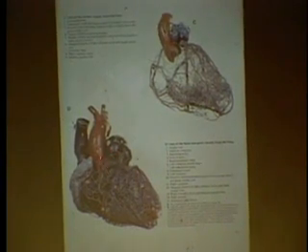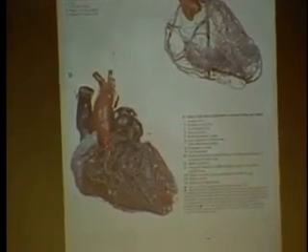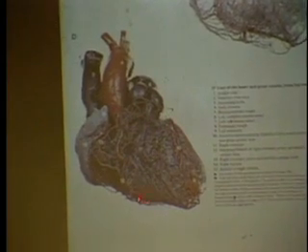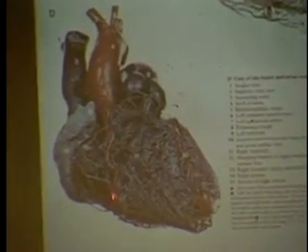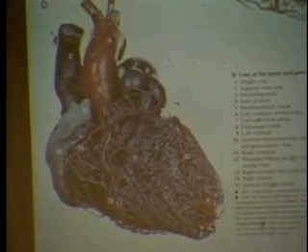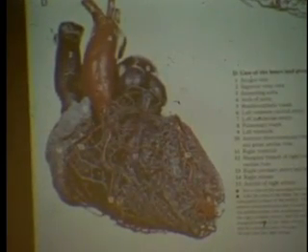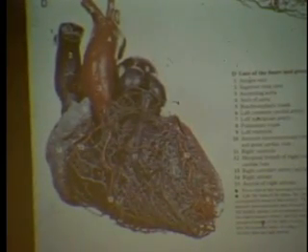All right, what artery would this be coming off of the ascending aorta? The coronary artery. So, which is correct here? Atherosclerosis begins in the tunica media.